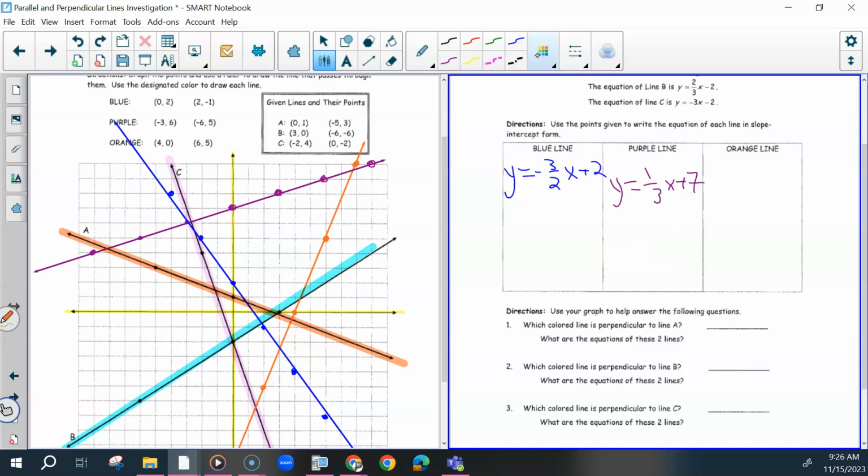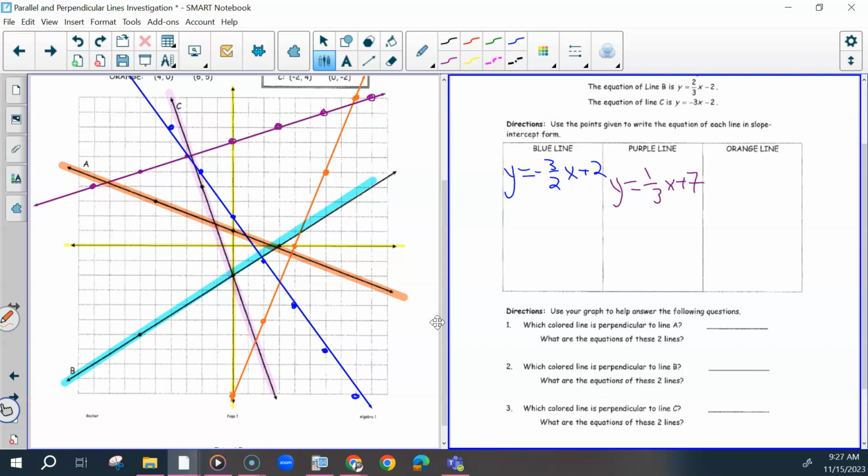And then our orange line is going up 5 over 2, and the y-intercept is at negative 10. So y equals 5 over 2 x minus 10.